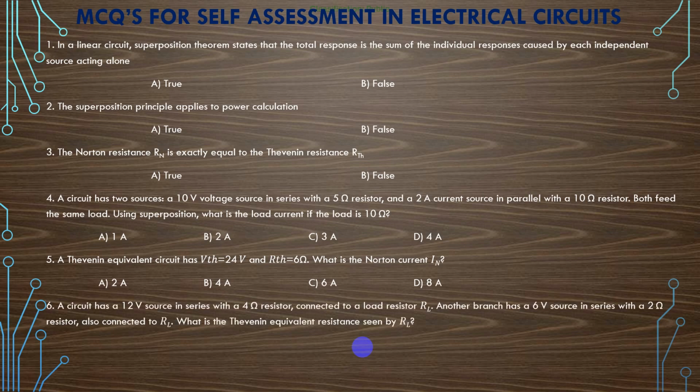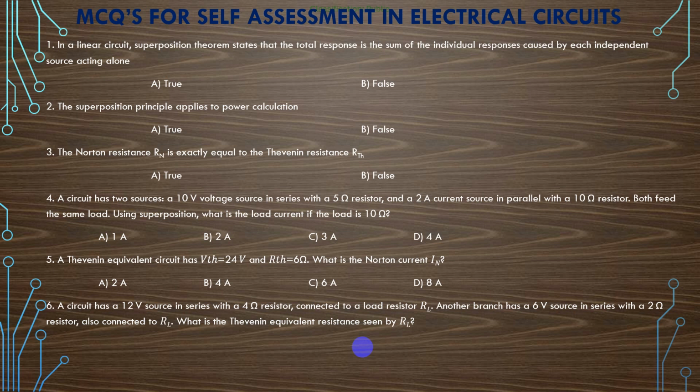Okay, next. A circuit has a 12 volt source in series with a 4 ohms resistor connected to a load resistance RL. Now a 12 volt source is there, 4 ohms resistance is there, and load resistance is also there. Now another branch, a 6 volt source in series with a 2 ohms resistor, is also connected to RL.